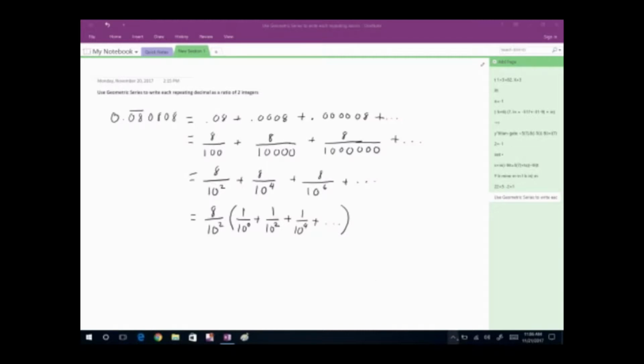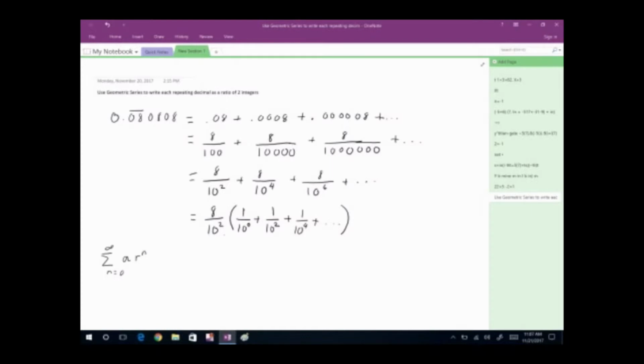And remember, in the geometric formula, we have the summation from n equals 1 to infinity of a times r to the n power, right?